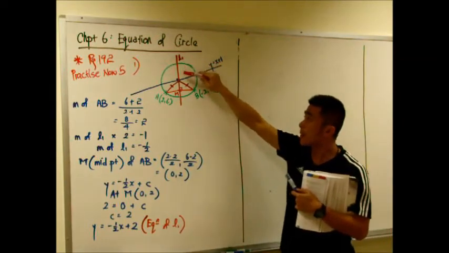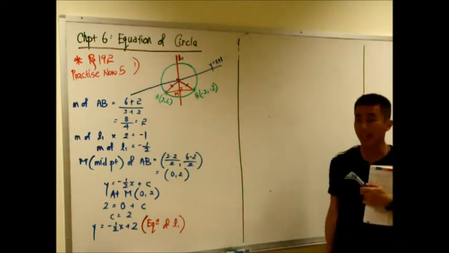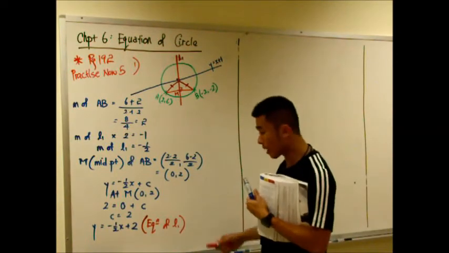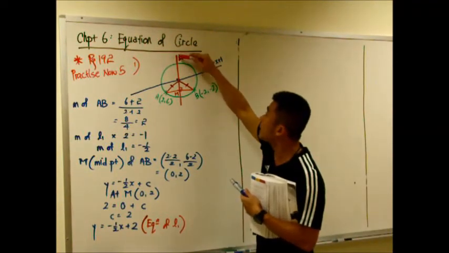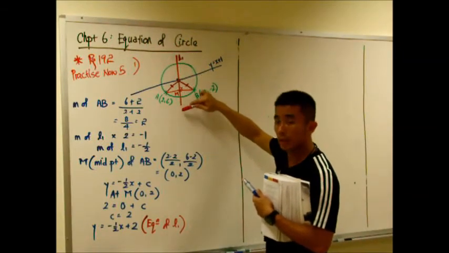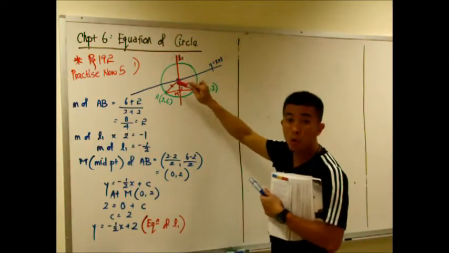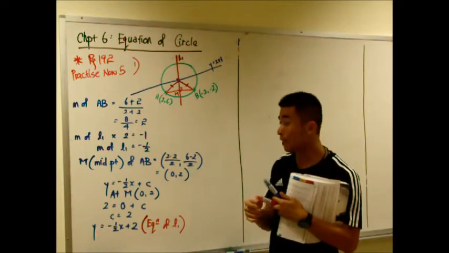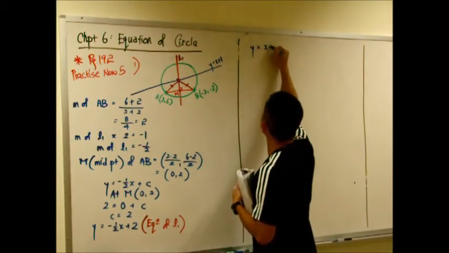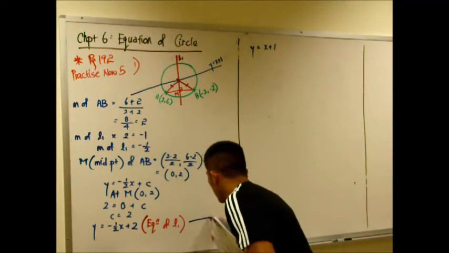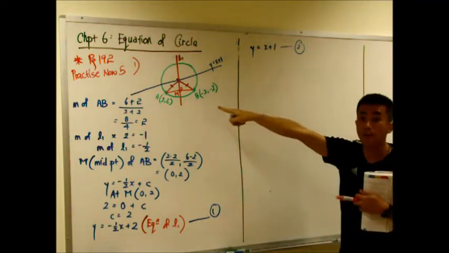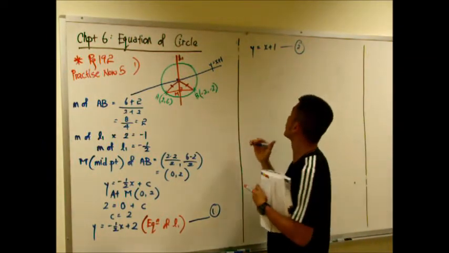Having found the equation of the perpendicular bisector, we will move on to the next part, which is the use of simultaneous equations. This is a very important concept. As you can see, the perpendicular bisector L1 passes through the center. The given line in blue also passes through the center. So with the use of simultaneous equations, this is equation 1, this is equation 2, I'm going to solve for this unknown center itself.